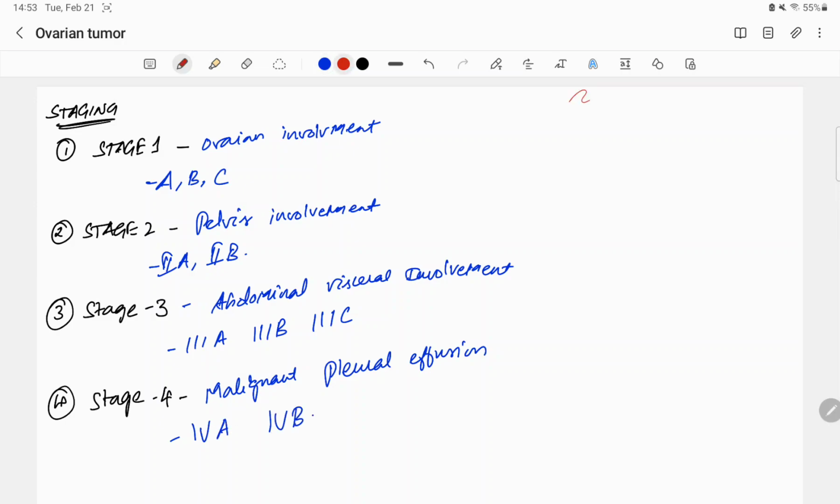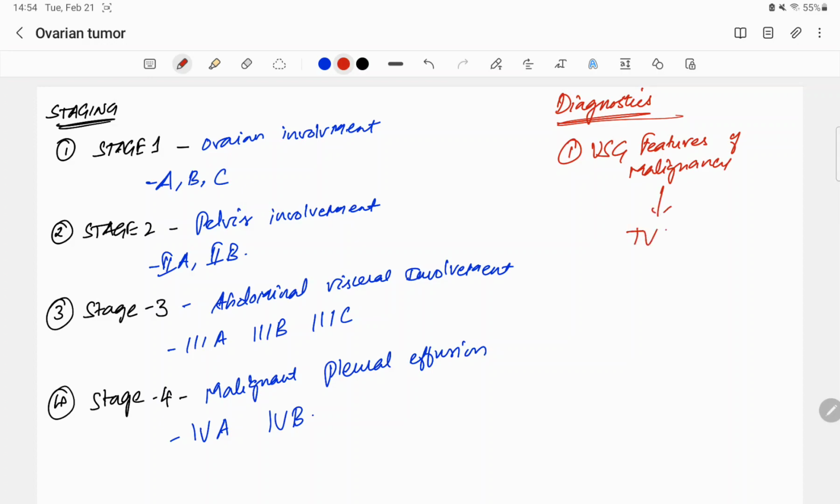And now we'll study about the diagnostics. In diagnostics, you should look for the ultrasound features of malignancy, and you do a transvaginal ultrasound.